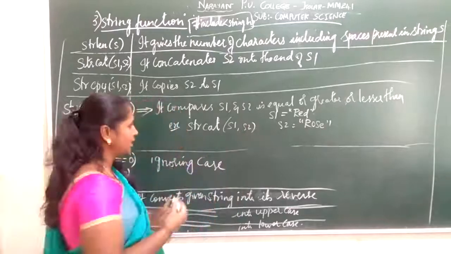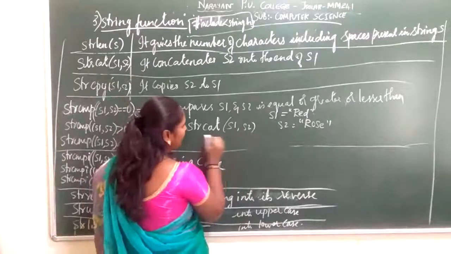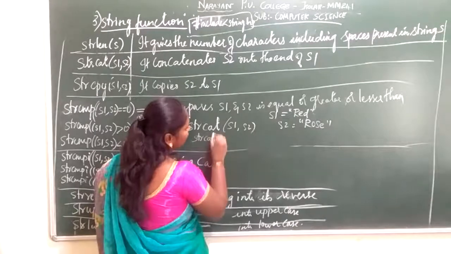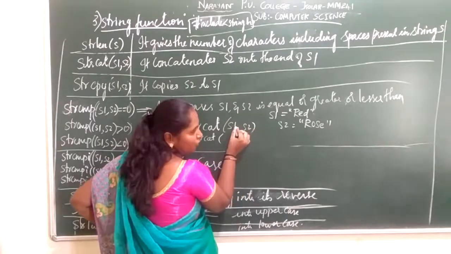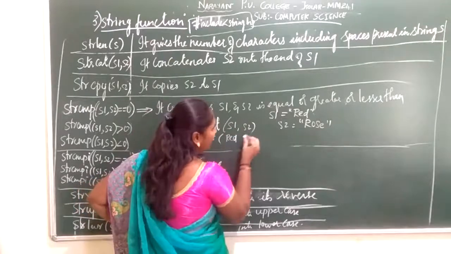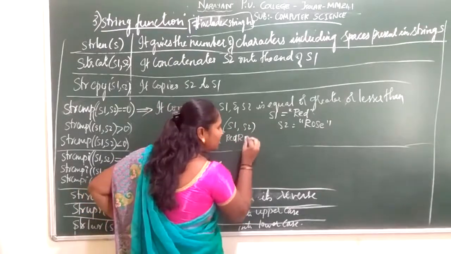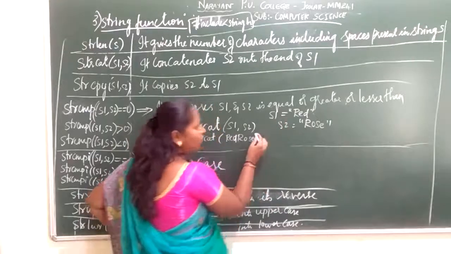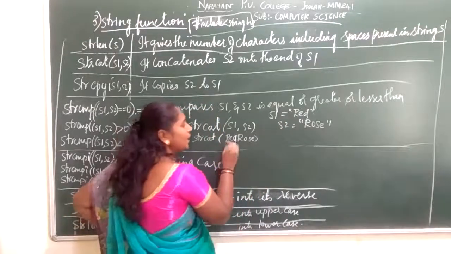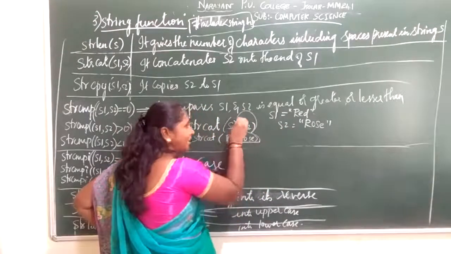What will be the result of strcat? S2 will be joined to the end of the string. So S1 is red, and to the end of the string red, rows will be concatenated. The result, red rows, will be stored in your S1.